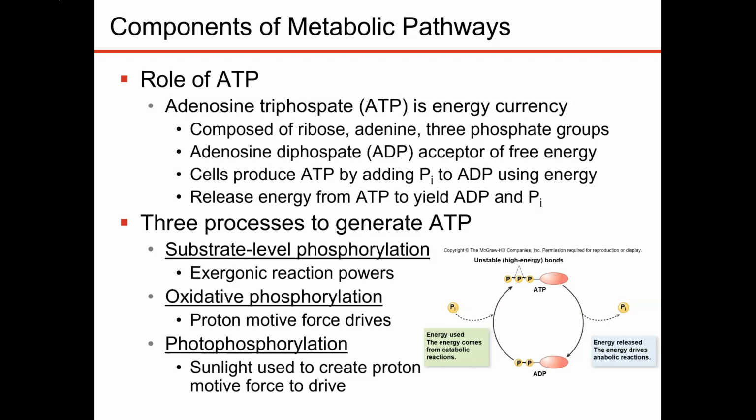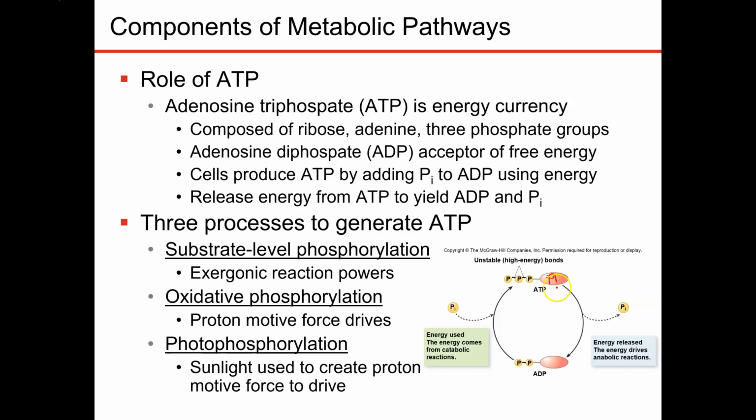So the last thing I'm going to quickly talk about is the role of ATP and the 3 mechanisms for producing ATP. So ATP, as I told you before, is adenosine triphosphate. So here's the A, adenosine, and then there are the 3 phosphates.